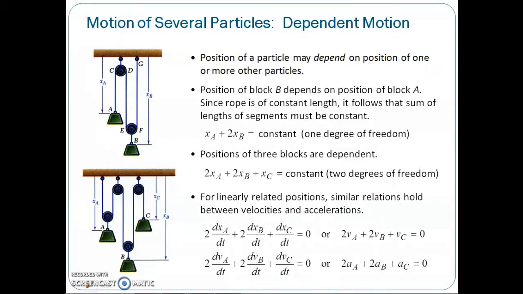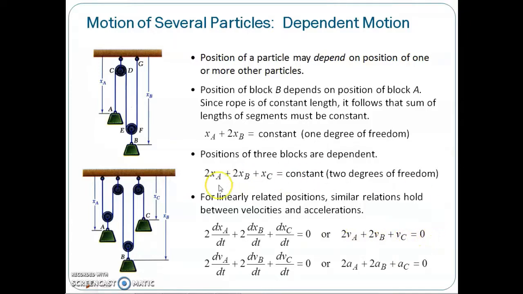For linearly related positions, similar relations hold between velocities and accelerations. From the position equation that we have built just now, if we differentiate once, we will have the velocity relationship: 2vA plus 2vB plus vC equal to 0.